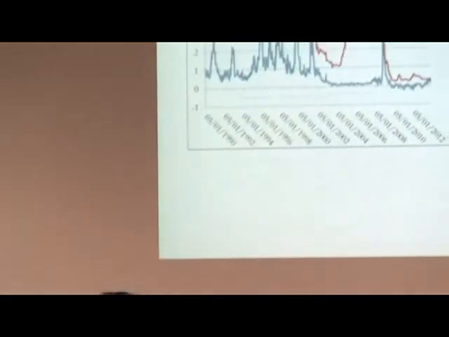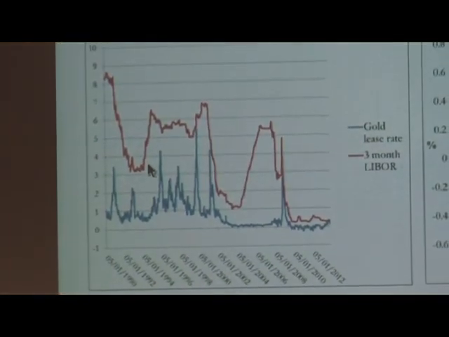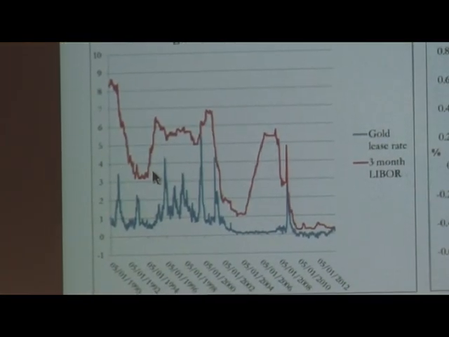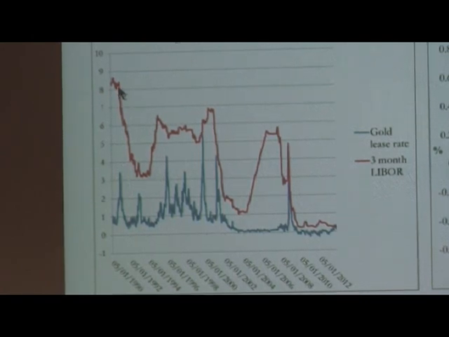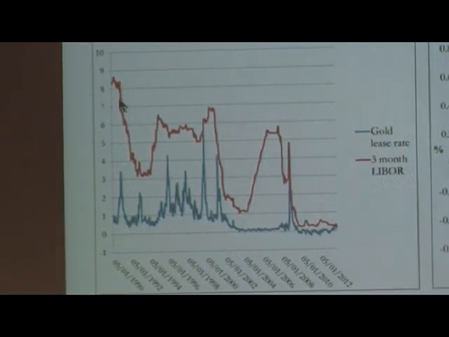But here you can see 3-month LIBOR has consistently been, so that 3-month LIBOR is the 3-month rate on dollars, to anyone who's not in finance, okay? So it's consistently been, since 1990, so for the past 23 years, above the gold rate of interest.